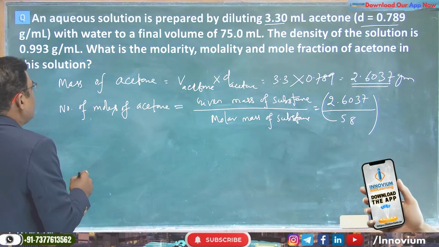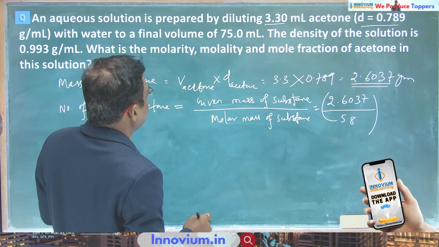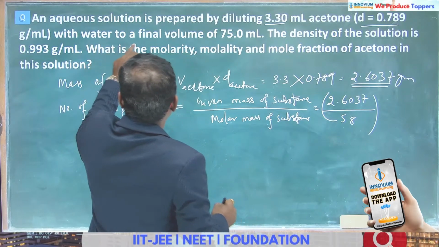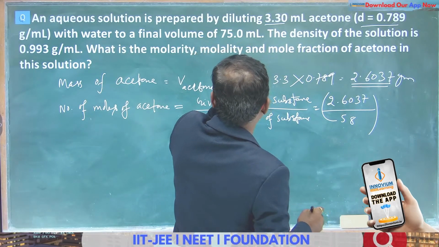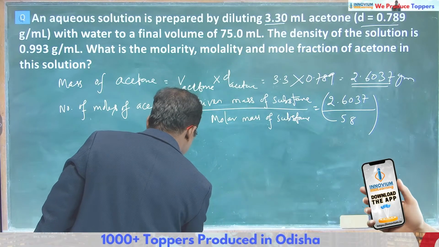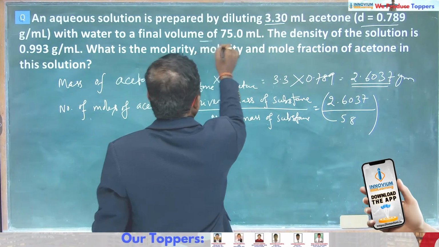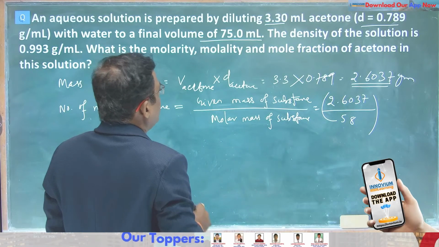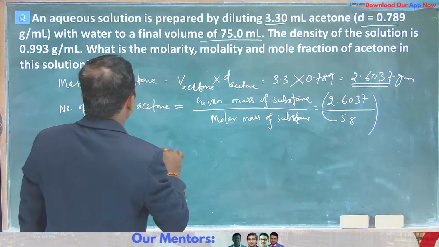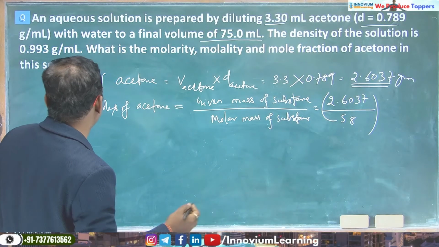Next, what is the mass of that solution? You see here it is given with water to a final volume of 75 ml. So this is the final volume of solution, correct? Density of the solution is also given. So easily we can calculate the mass of solution.